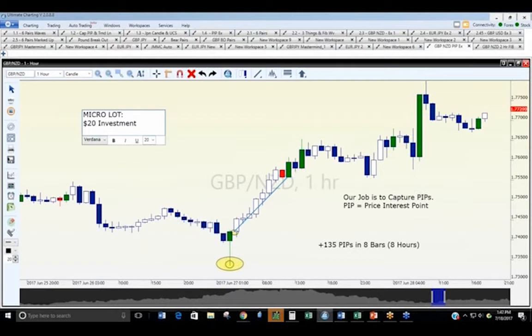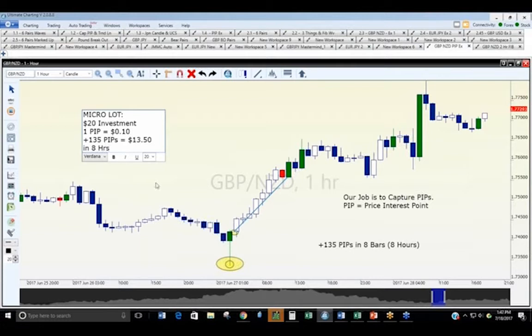And for each pip, 1 pip is going to equal 10 cents of movement, okay? So in our example here, we had 135 pips. That is going to equal 135 pips times 10 cents, which would be $13.50. In this example, in 8 hours.